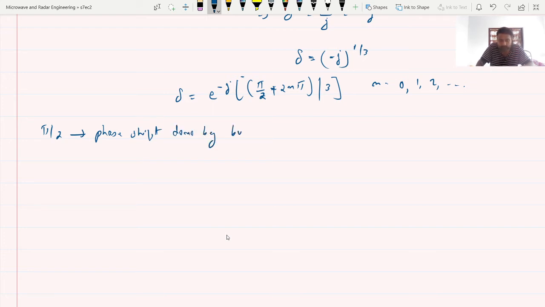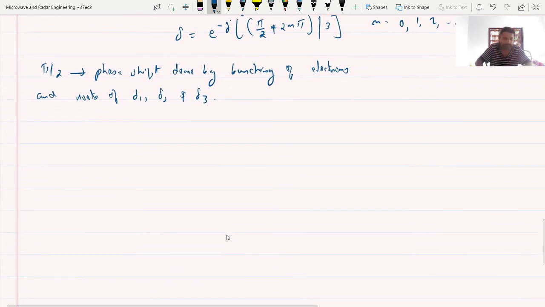Phase shift done by bunching of electrons, and roots of delta 1, delta 2 and delta 3 we have to find.